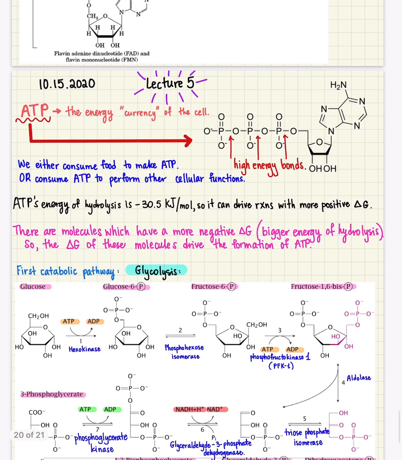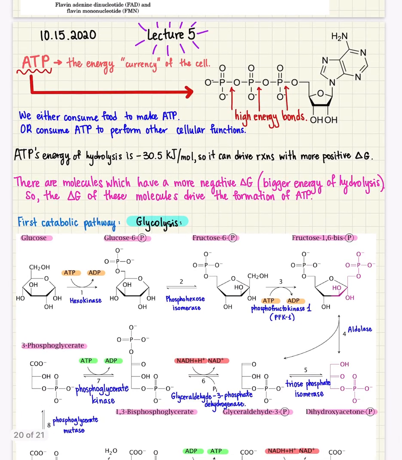To move on to lecture 5, first I want to talk about the importance and function of ATP. You can think of ATP as the energy currency of the cell, right? So as Professor Hampton said, this is like the $20 bill of energy in the cell. And what does this mean? This is the structure of ATP. And over here you see that we have these phosphodiester bonds. And these bonds are very energetic bonds. Meaning, if we break this, then a lot of energy will be released.